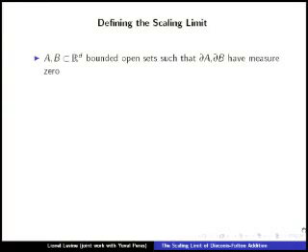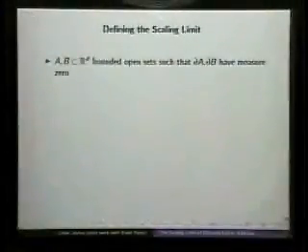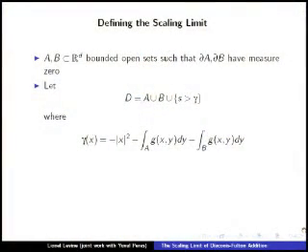So now that we've rephrased things in terms of this superharmonic majorant, we can define the scaling limit. Working in R^d now, let A and B be some bounded open sets whose boundaries have measure 0. We're going to define a continuum version of this obstacle, replacing the sums by integrals.